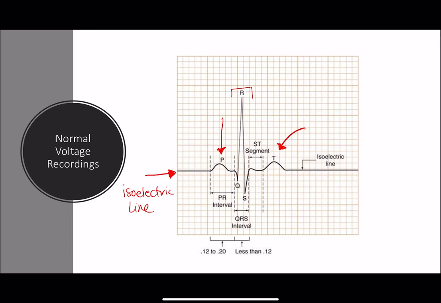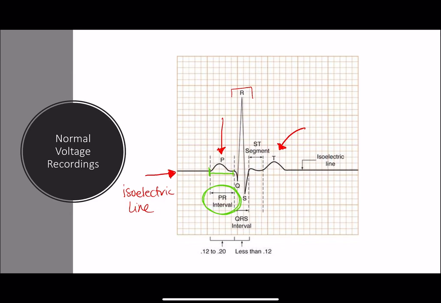So on the bottom of your note page, you see some really important sections of the EKG that we should draw attention to. The first is the PR interval. The PR interval is the section on the EKG from the very start of the P wave to the very start of the Q wave.